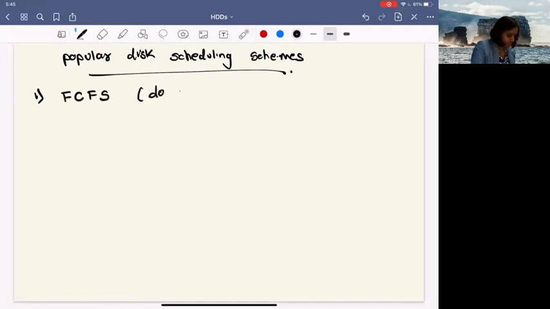It's basically do nothing, right? In the order in which IOs are coming, just issue them as is to the disk. Now, this scheduling technique, first come, first served, is reasonable because we don't have to do any additional work for that.